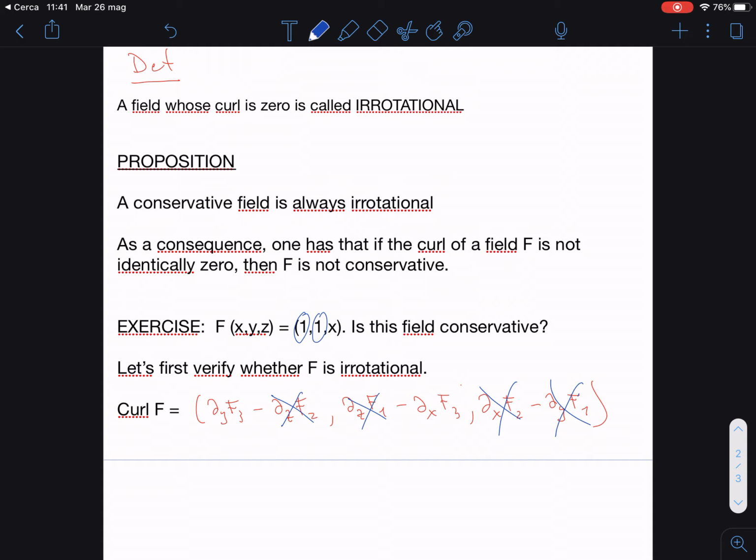Look at f3: f3 is equal to x. If you differentiate it with respect to y, you find 0. What remains is minus d_x f3, which is minus 1. So the curl of F is (0, -1, 0).